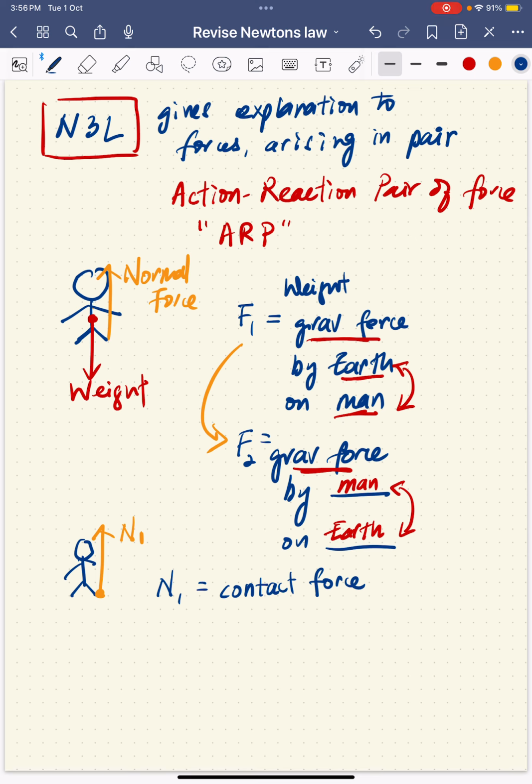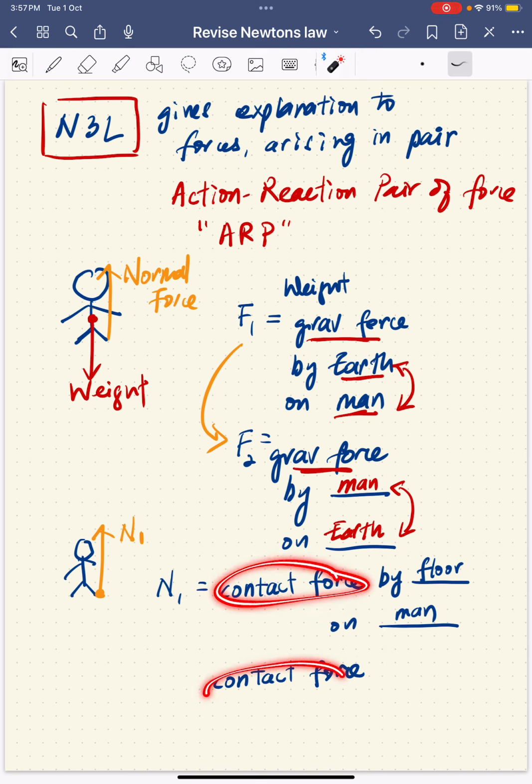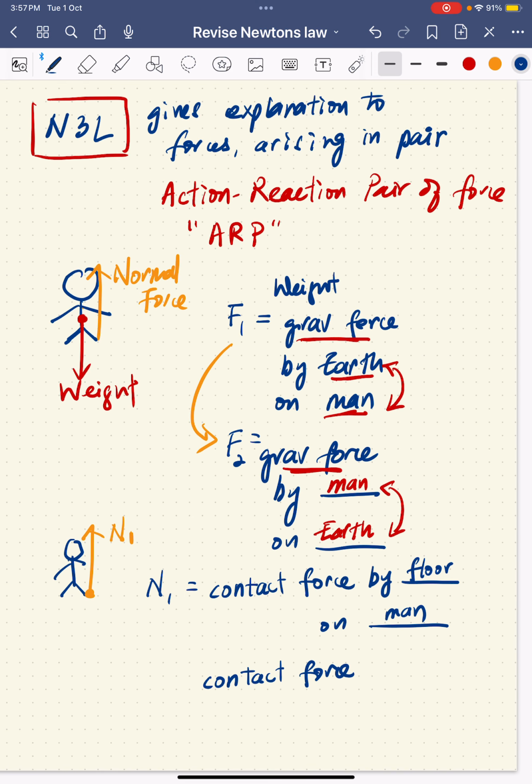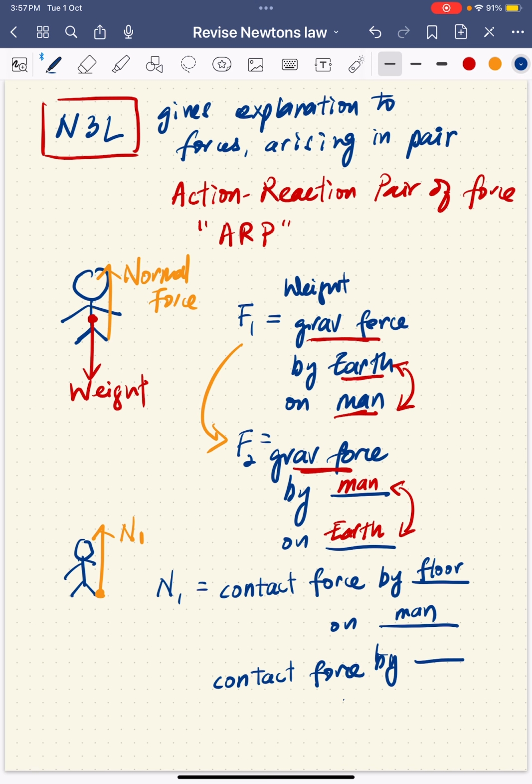Normal force is a type of contact force, and in this case it is the man standing on the floor and the floor supporting the man. So this is a contact force by floor on the man. If we want to look for its action reaction pair, we must also be looking for another force of the same nature, so also a contact force, but by... here the floor and the man, we need to swap them.